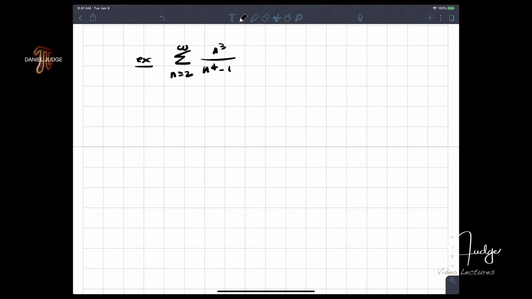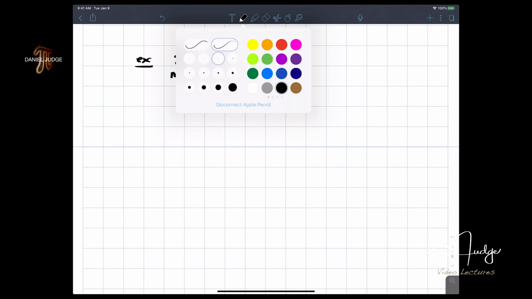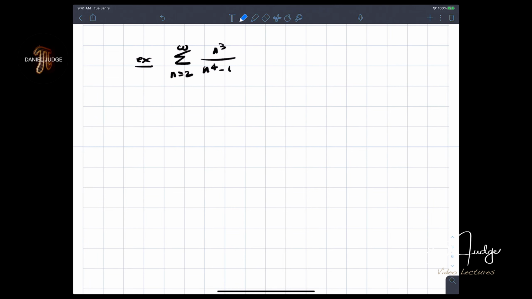Now, I'm going to say to you something. Remember, this series, I use BL for behaves like. This series behaves like the following series. Remember what we did in the last example. All you want to do is start to get rid of the constant terms.